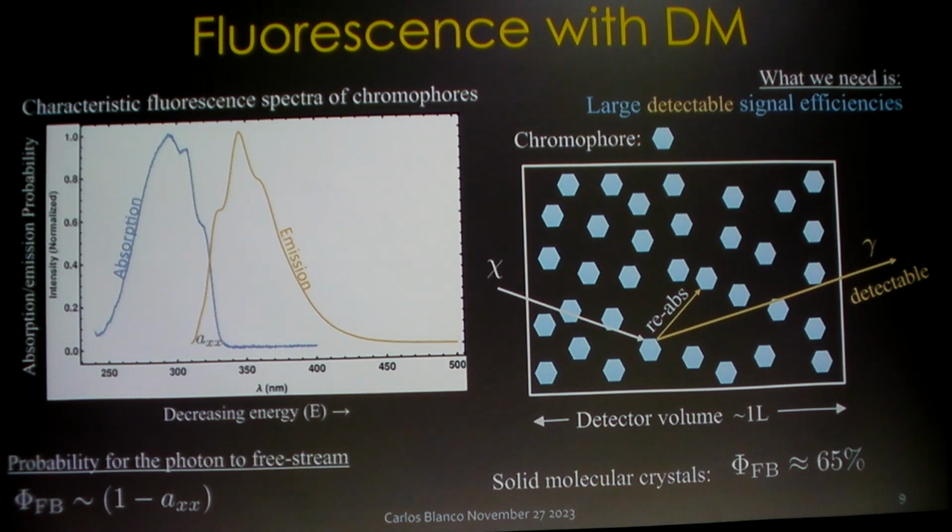So this is like the band where you can absorb energy and the band where you emit energy, which means that the photon emitted from one molecule is likely to just free stream, and that free streaming probability is just proportional to 1 minus that overlap. So this is kind of optimal, you get it for free, and the free stream probabilities that we can look at are almost unity, like 65% of all photons created will be able to leave the material.